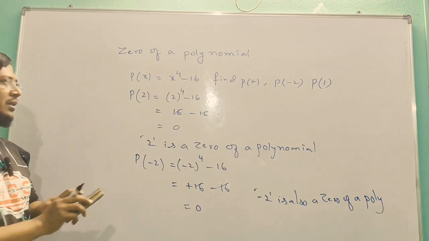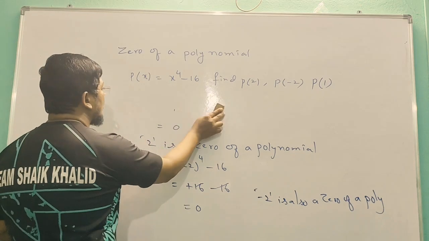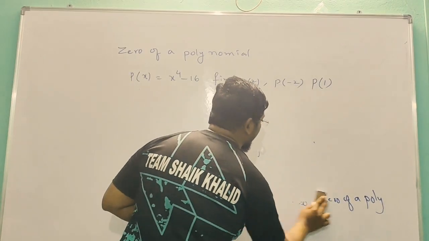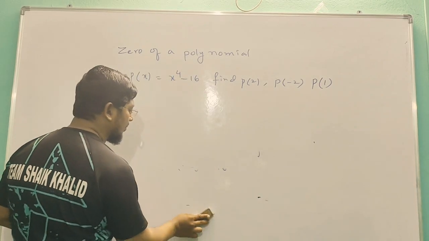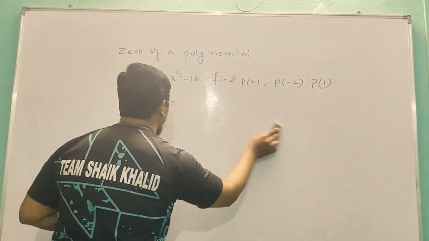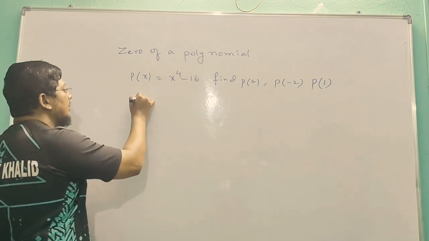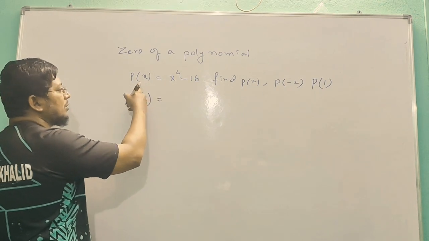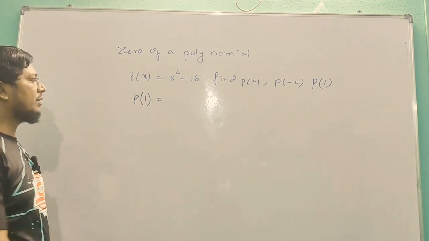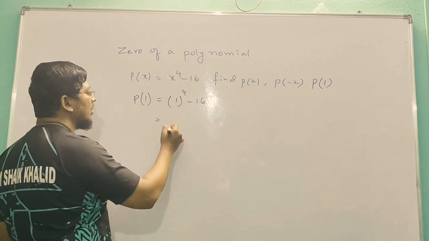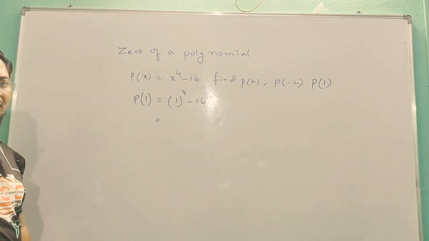Now we have to check the third value. What is the third value? P of 1. P of 1 means in place of x we have to substitute 1. So 1 power 4 minus 16. 1 multiply 4 times what?